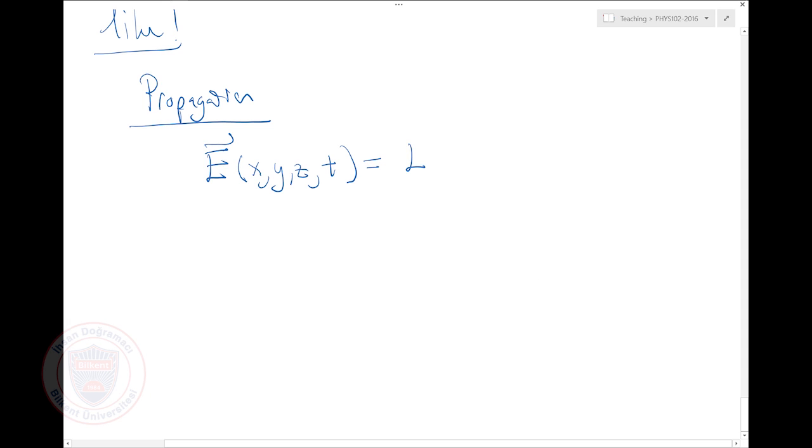It will be the maximum value of the electric field, let's say that it's along the x direction, and then I'll have cosine of kz minus omega t.